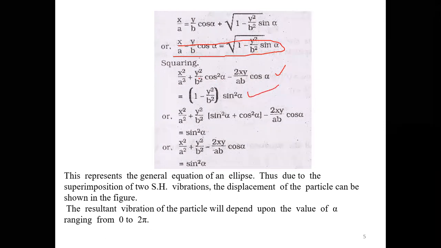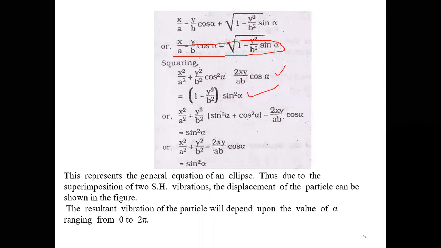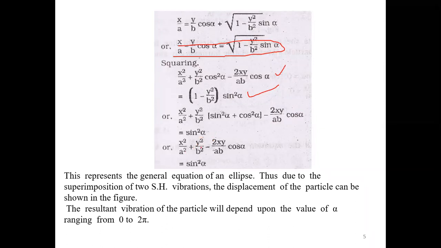Then you have y square by b square cos square alpha and y square by b square sine square alpha. If you take common, x square by a square plus y square by b square times sine square alpha plus cos square alpha, whose value is 1, must be equal to sine square alpha. So x square by a square plus y square by b square minus twice xy by ab cos alpha must be equal to sine square alpha. So that's the result.